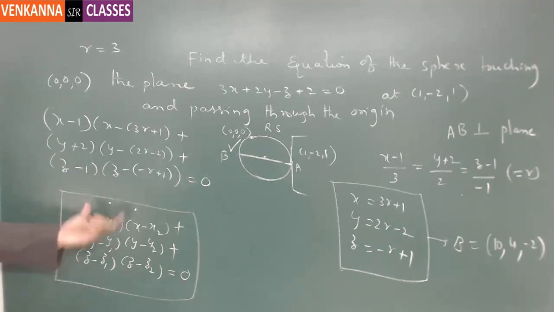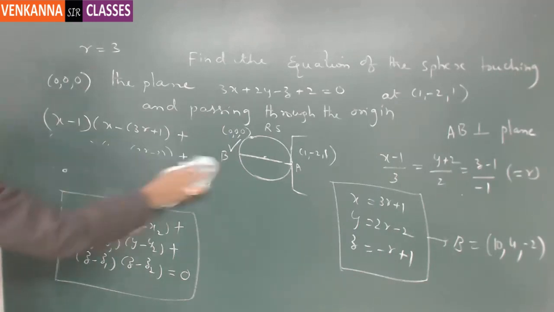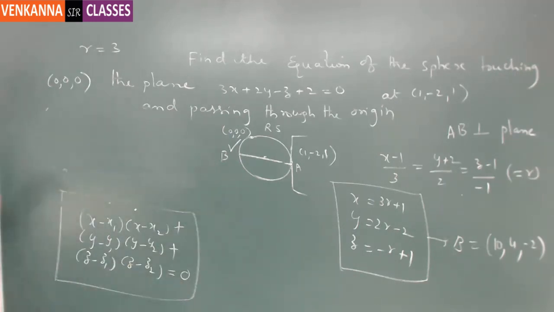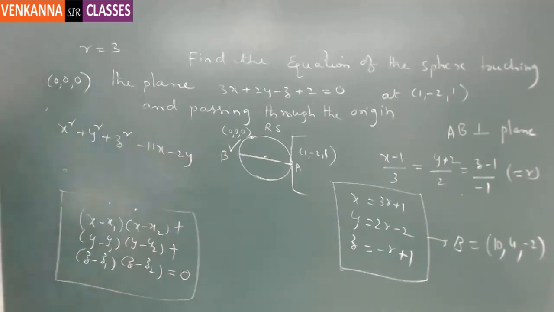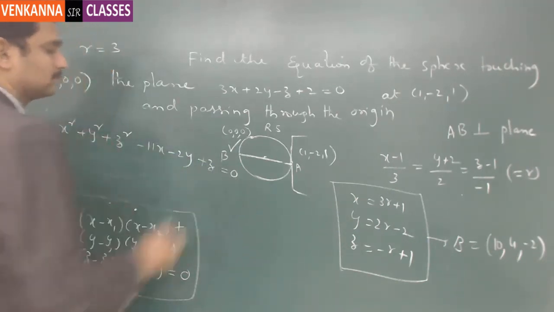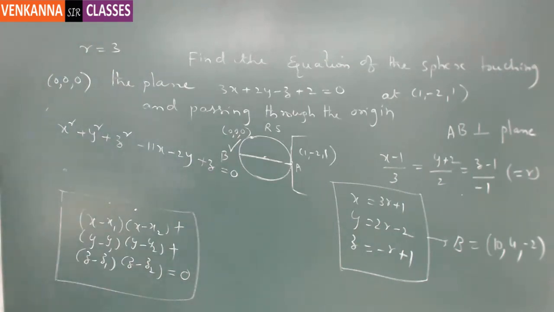So substituting the respective points here, the sphere equation will come as x square plus y square plus z square minus 11x minus 2y plus z equal to 0. Since it passes through origin, it will not contain a constant. Is the approach clear?